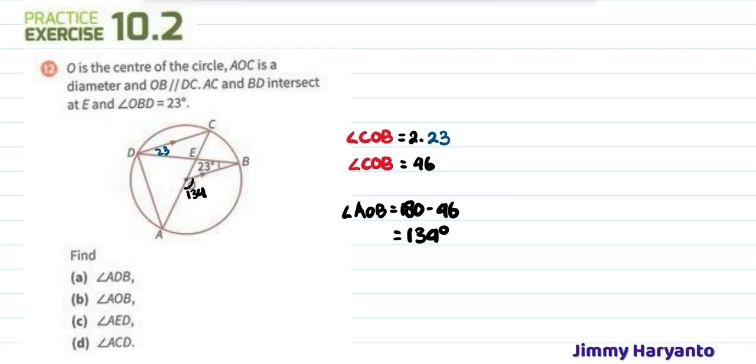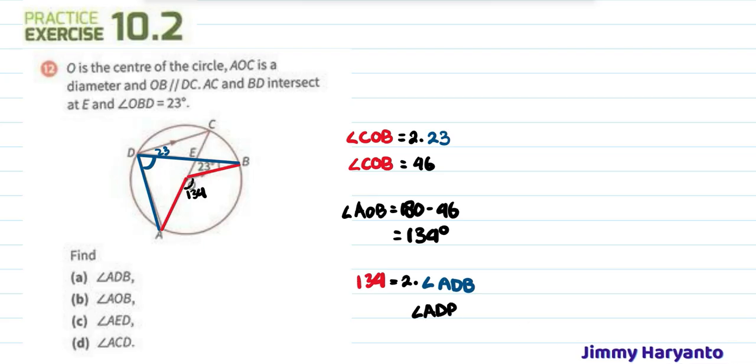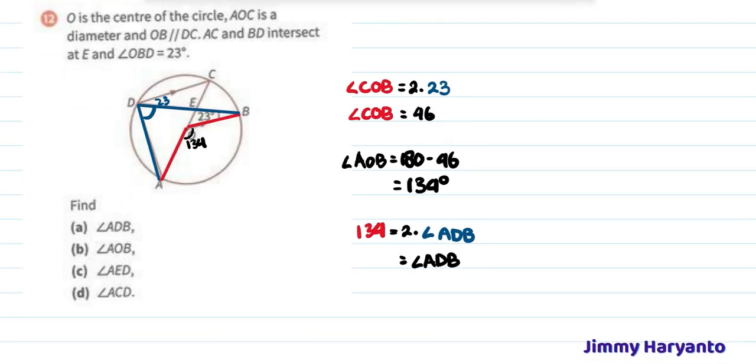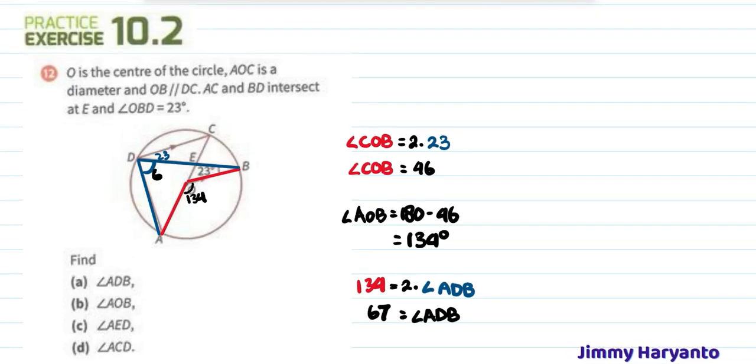And then I will use the center angle and this circumference angle. So 134 equals 2 times the circumference angle, which is ADB. So the angle of ADB equals 134 divided by 2, 67. So this one is 67.